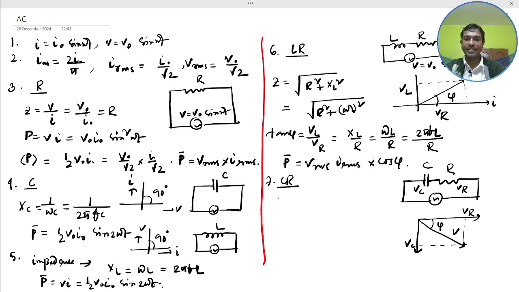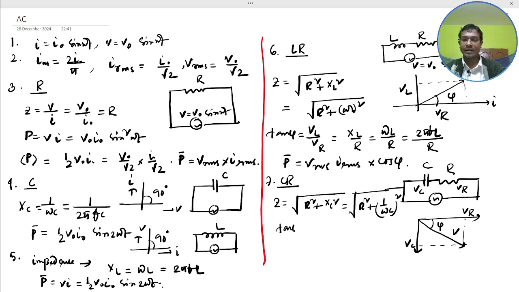So here the impedance Z, same, root over R square plus XC square, that would become root over R square plus 1 by omega C whole square, and here tan phi, the angle between this, would become 1 by omega CR. So this is basically 1 by 2 pi F CR.